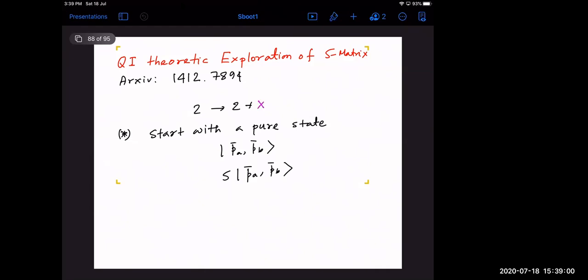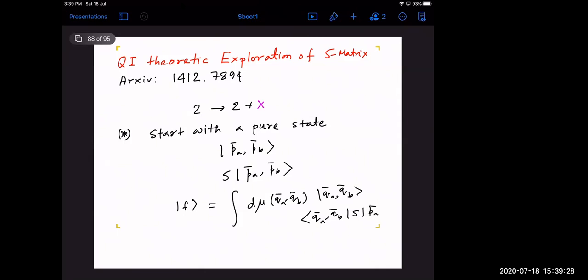That is why they construct a final state by projecting this state on these two particle states. See, this is different. While the initial state is a pure state, the final state is not really a pure state.